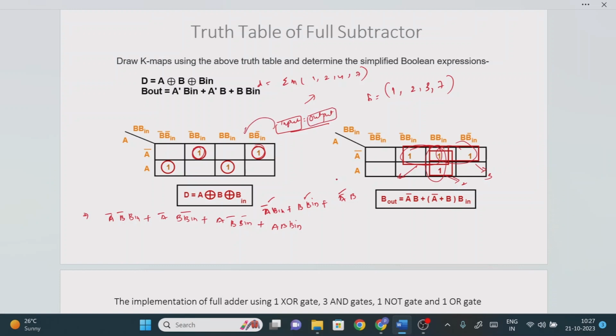In this case, we are grouping more than one 1, so we get a further logic expression. You cannot reduce this expression further, because if more than one 1 is grouped, you cannot reduce it. But here something is different.